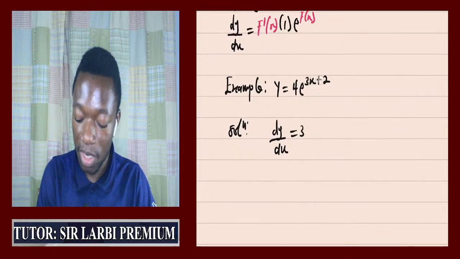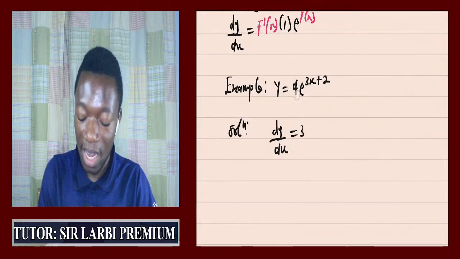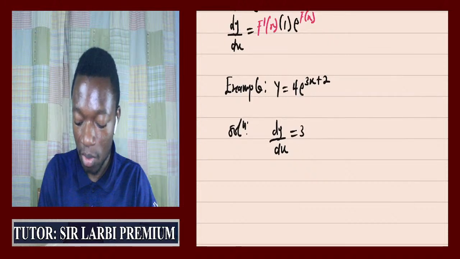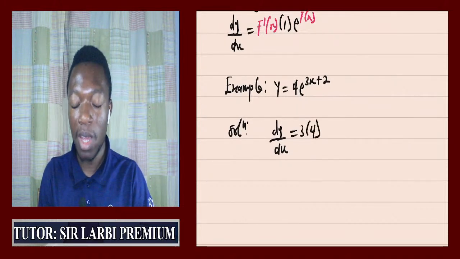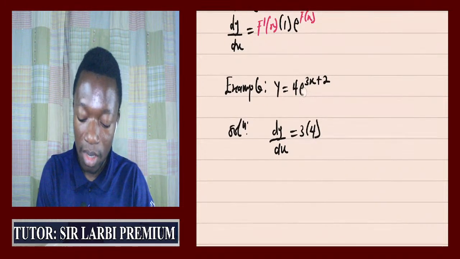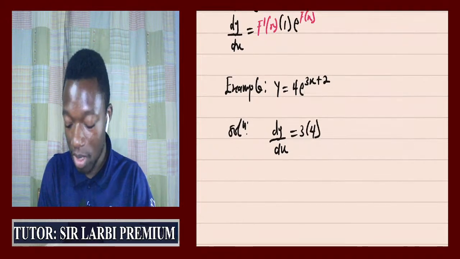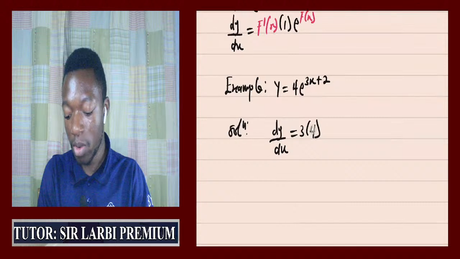Once we differentiate the exponent, we then use it to multiply the coefficient of the exponential. We have coefficient 4 there, so 3 multiplying 4. Once we are done, we repeat the whole exponential function, not together with the coefficient, because the coefficient is already captured here.